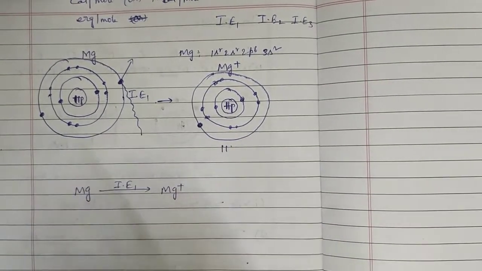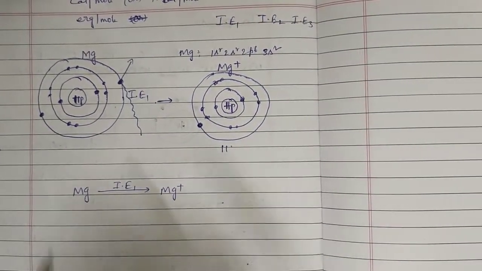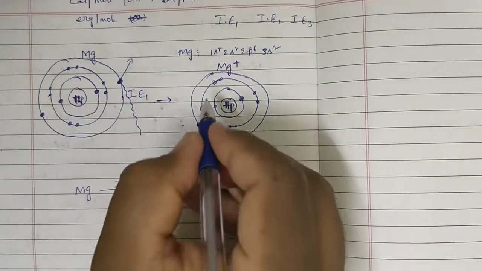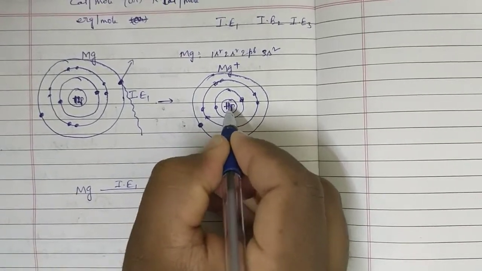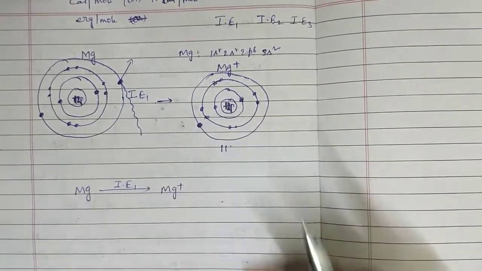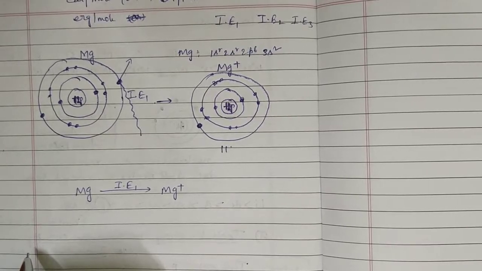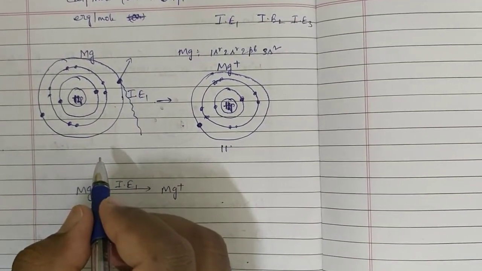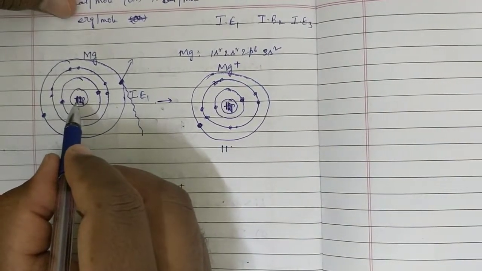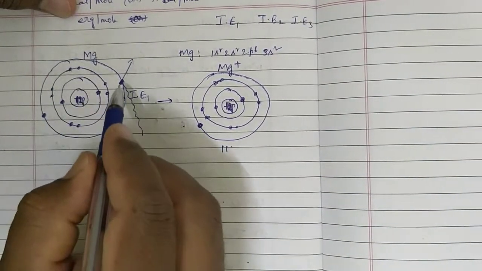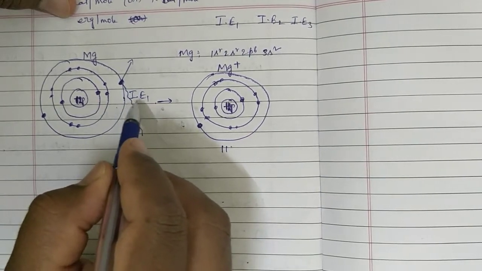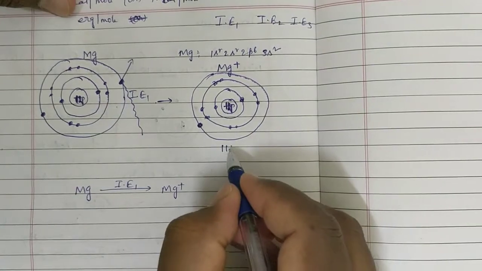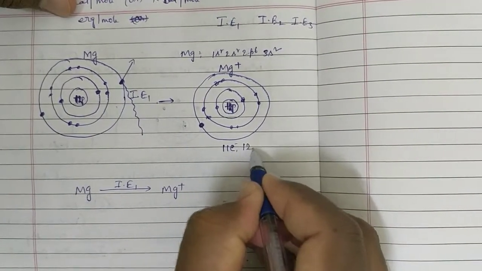Sorry, one more. Once again I am telling sorry. Here 12 protons actually. Atomic number of magnesium is 12. Sorry for this one. 12 protons. Here one electron is removed by giving ionization energy 1. It is changed to Mg plus. In Mg plus, 11 electrons are there, but 12 protons are there.